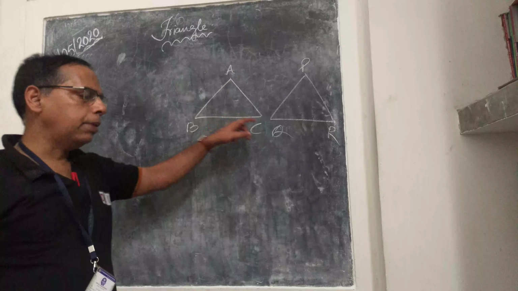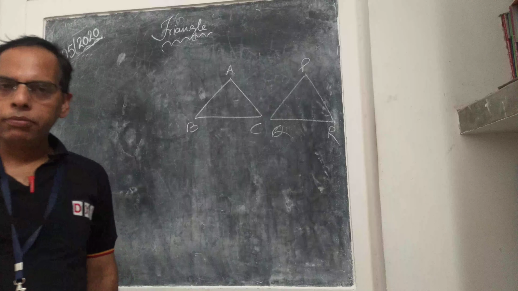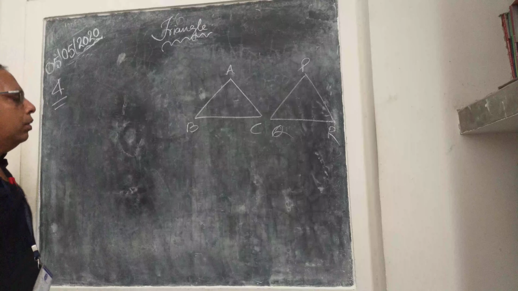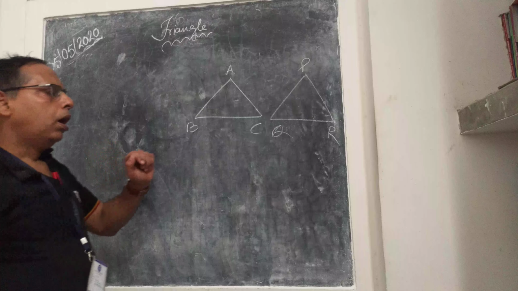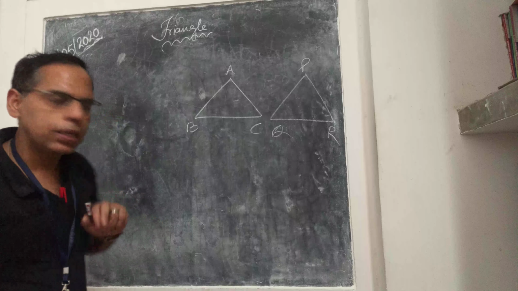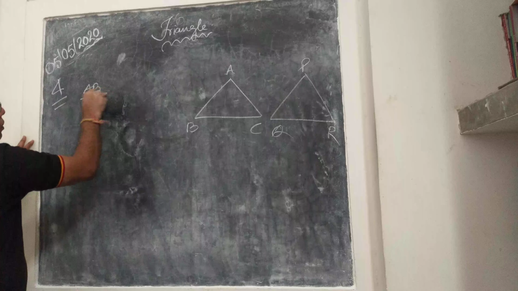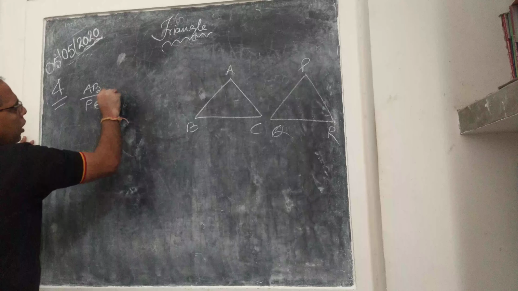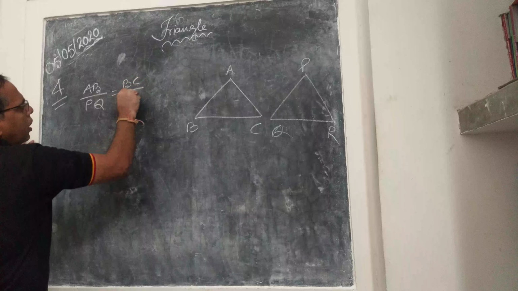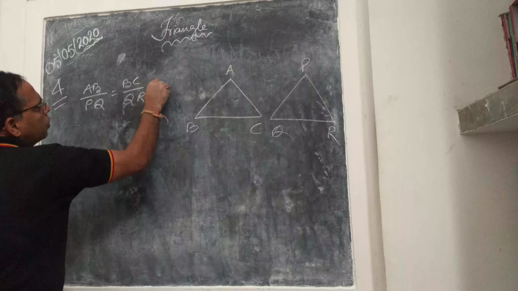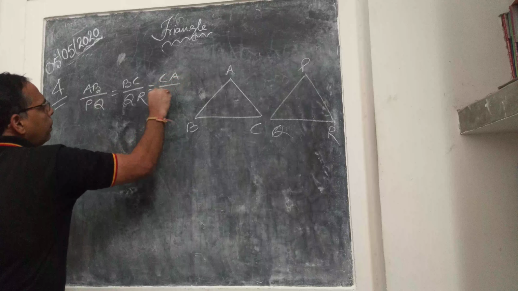If ABC and PQR are two similar triangles, then what you can write? AB by PQ equal to BC by QR equal to CA by RP.